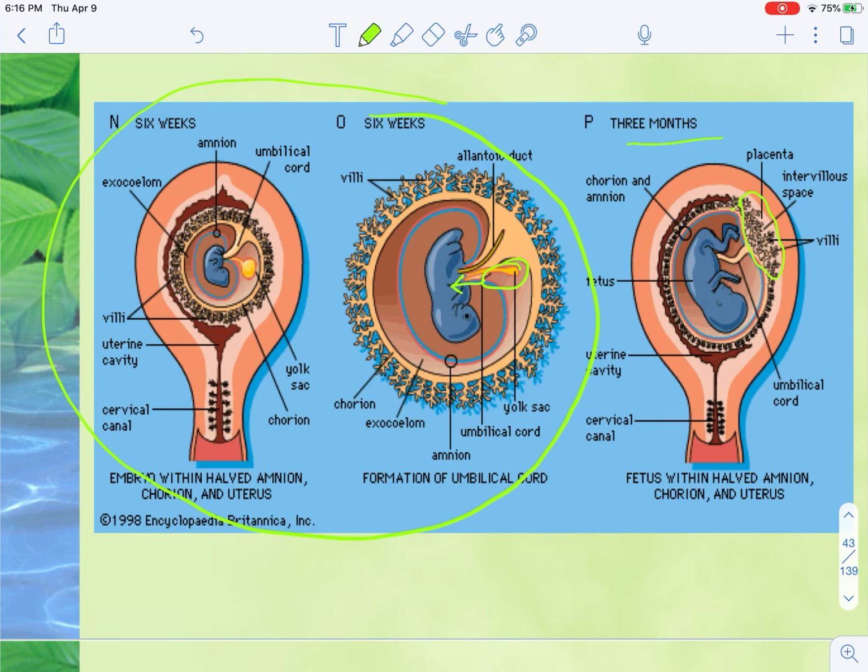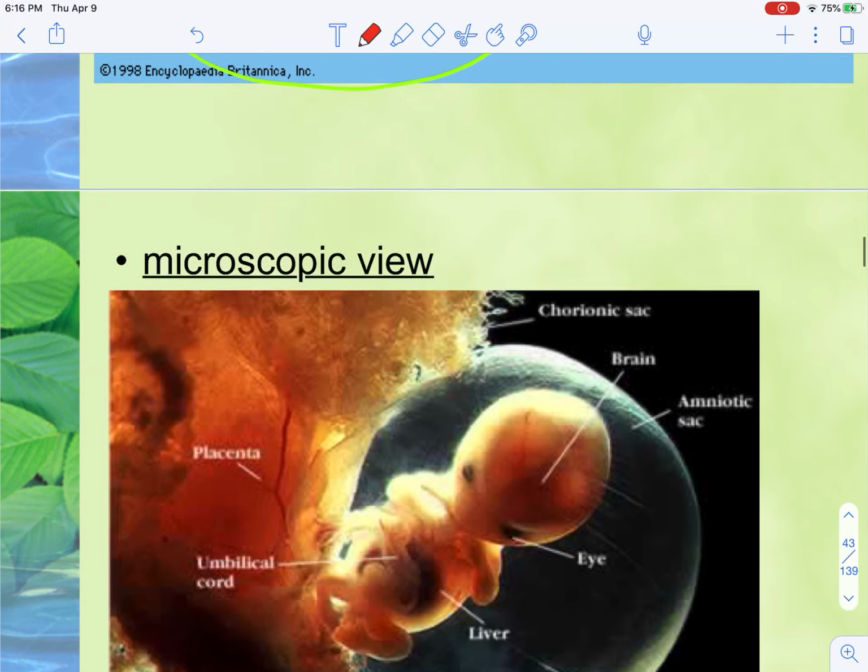So we've got those chorionic structures, called chorionic villi, extending from the chorion. The baby's attached in this area to the endometrium, and the endometrial cells are meshed in with those chorionic cells to become the placenta, the area of exchange.